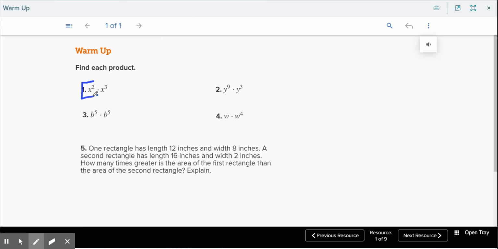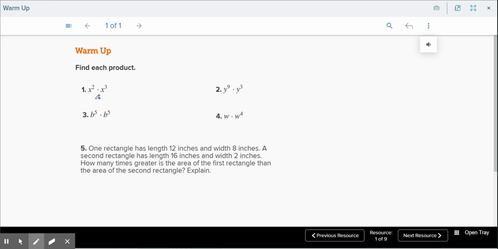So this would be x times x. This one would be x times x times x. And these values that have the exponent attached to them are called monomials. And we're going to continue working with monomials and using different properties with these values.